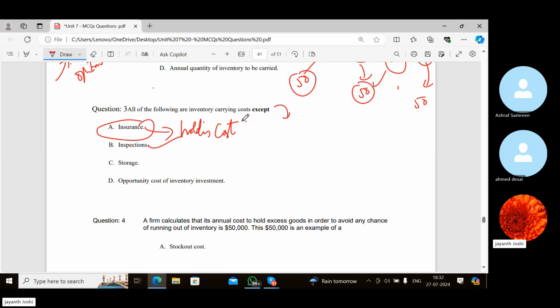Now they said all of the following are inventory carrying costs except. Ordering cost and carrying cost, carrying and holding. Okay, carrying and holding costs are one and the same. So insurance is a carrying cost, it's a holding cost. Holding and carrying are one and the same. Storage is also a holding cost or carrying cost.